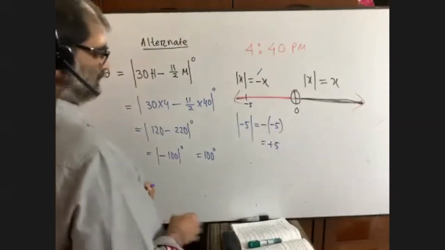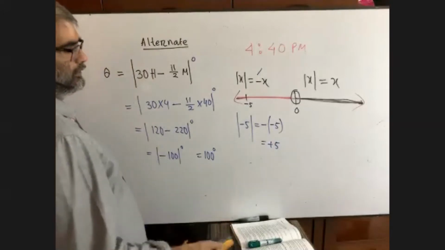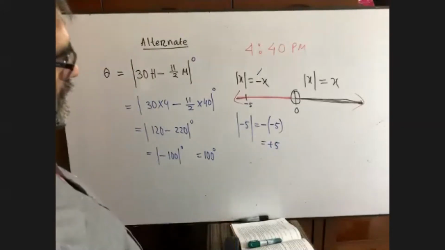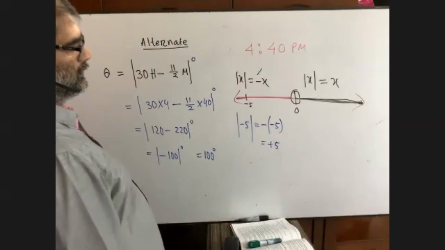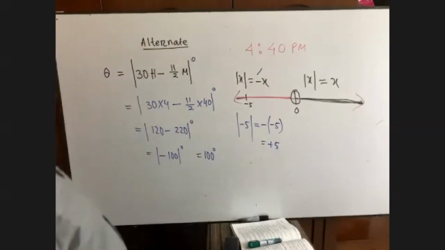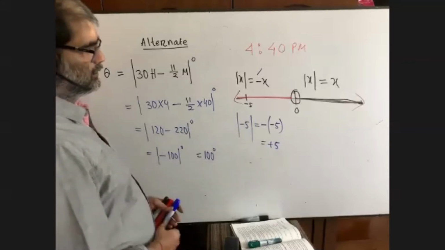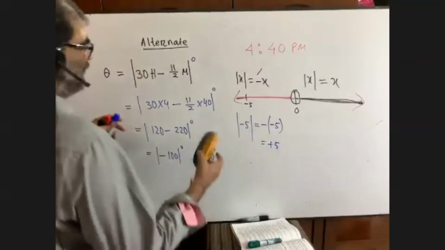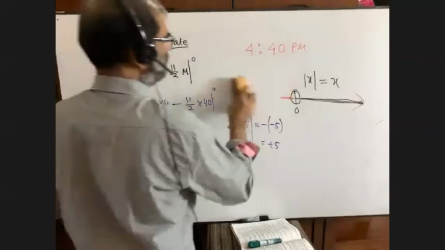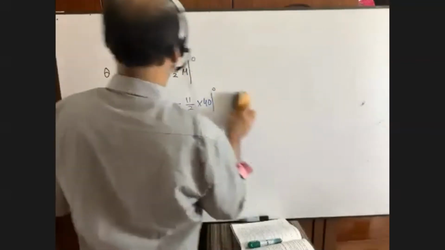Absolute value, yes. So can you show the same process for 4 o'clock? 4 a.m. or 4 p.m. is just this way. Yes, sir. I am going to show you everything.